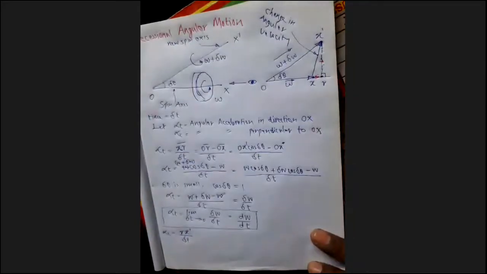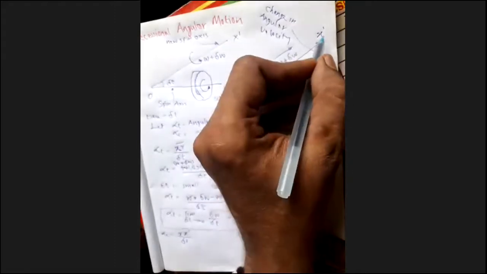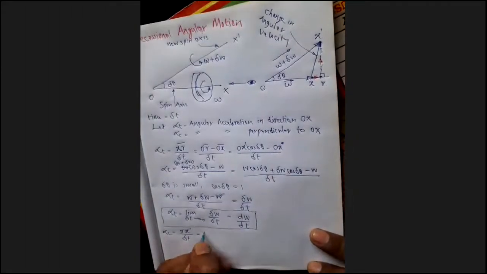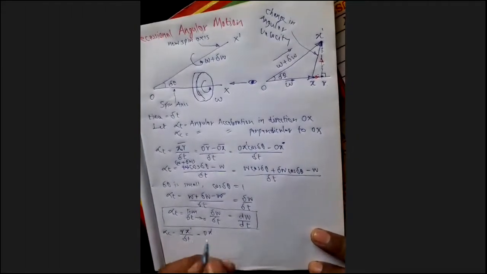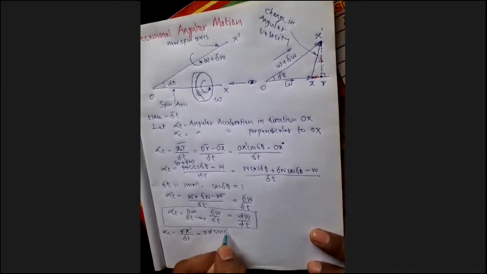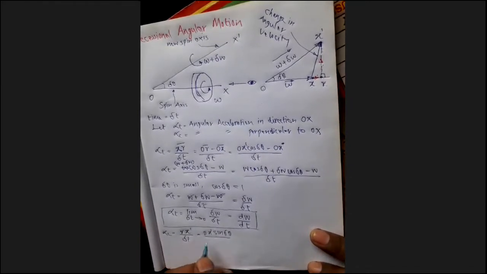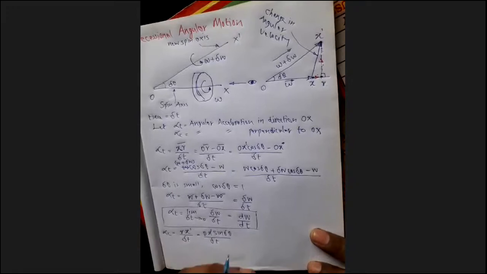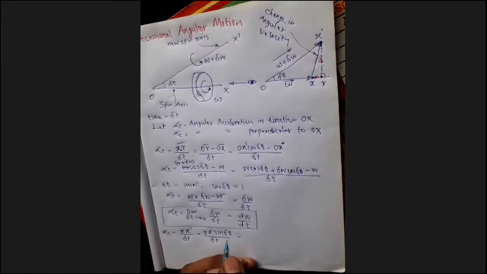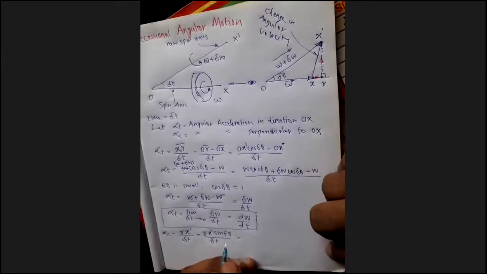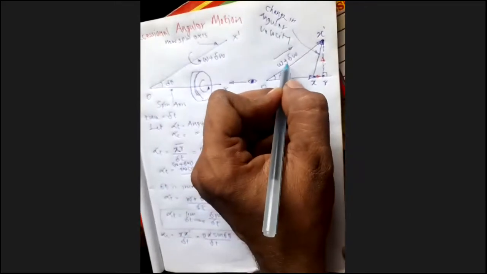OR was the cosine component. So I write this as OX dash sine delta theta on delta t. Now OX dash is nothing but omega plus delta omega; its magnitude is omega plus delta omega.